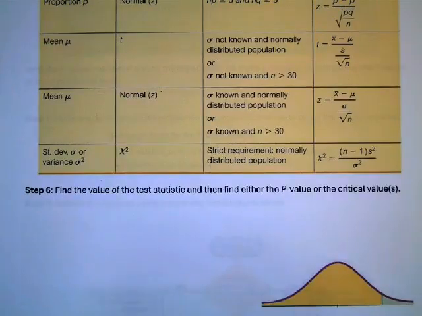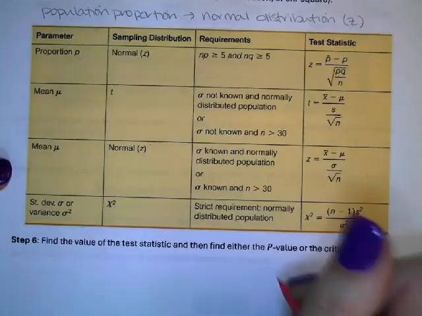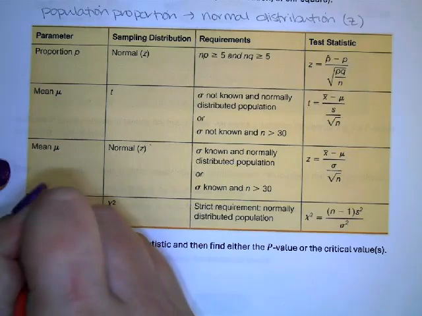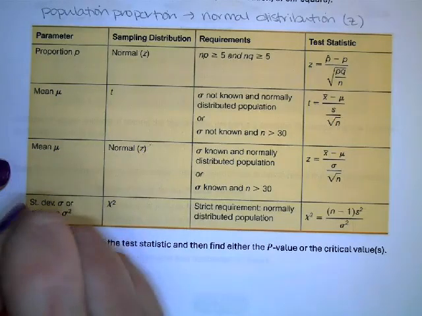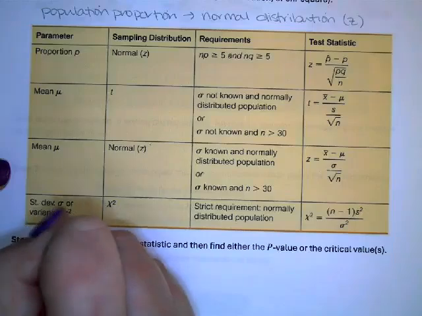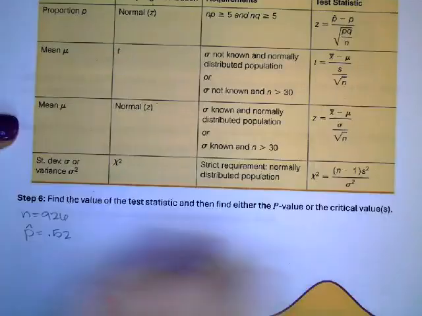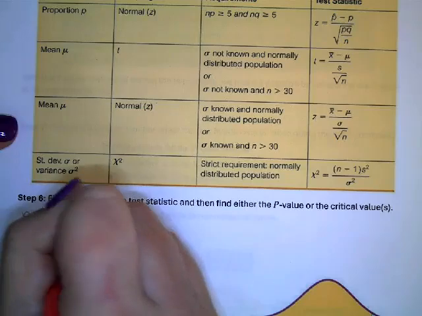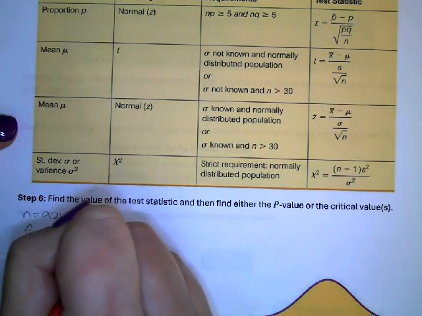All right, step 6 is to find the value of the test statistic. So find the z-score. So I'm going to go through and write down all the information that I need. So I need the sample size. I need p hat. I need p and the complement of p. I think that's all I needed.